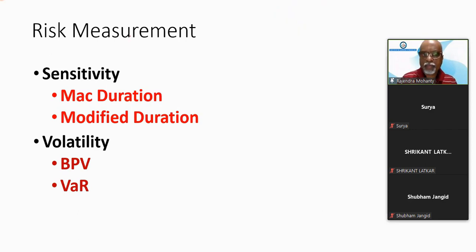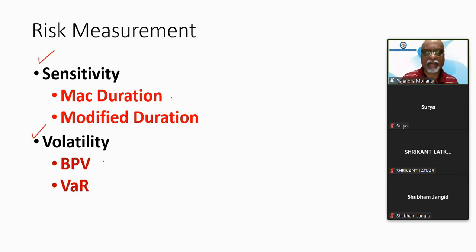Two major tools are there. One is called the sensitivity method, the second is called the volatility method. In the sensitivity method, two things are to be calculated: one is called Macaulay duration, another is called modified duration.